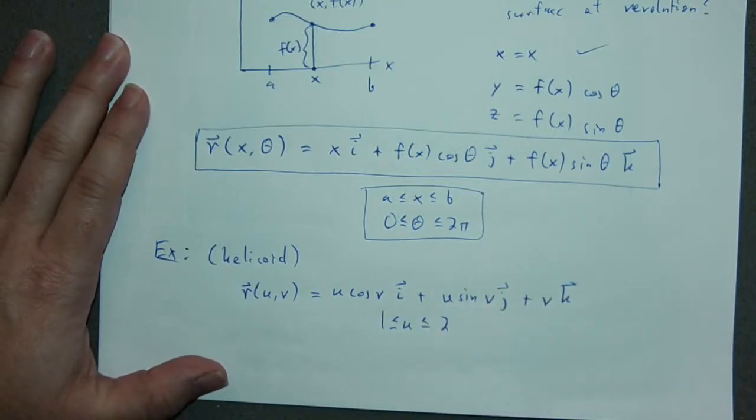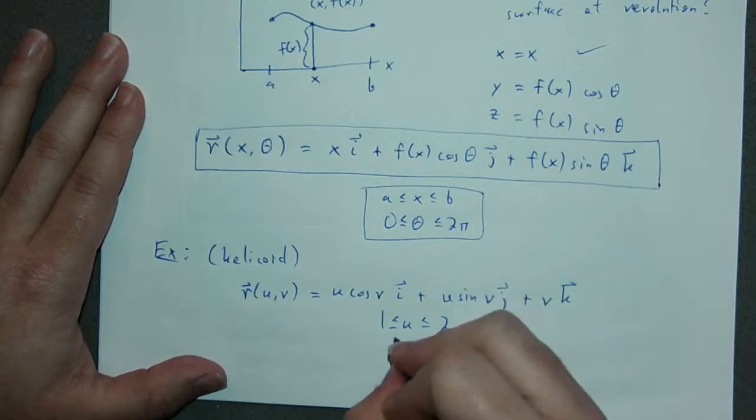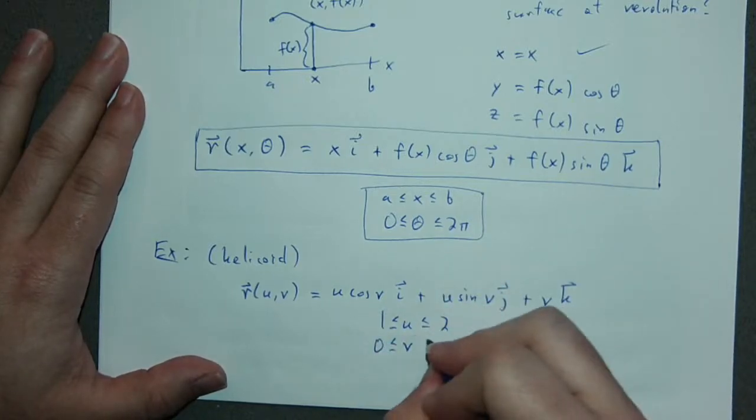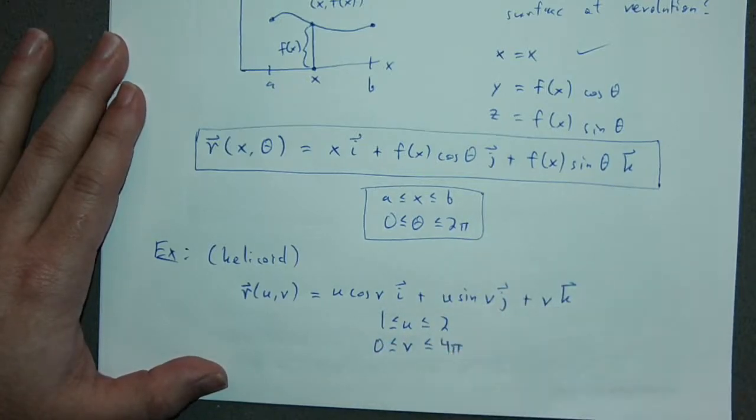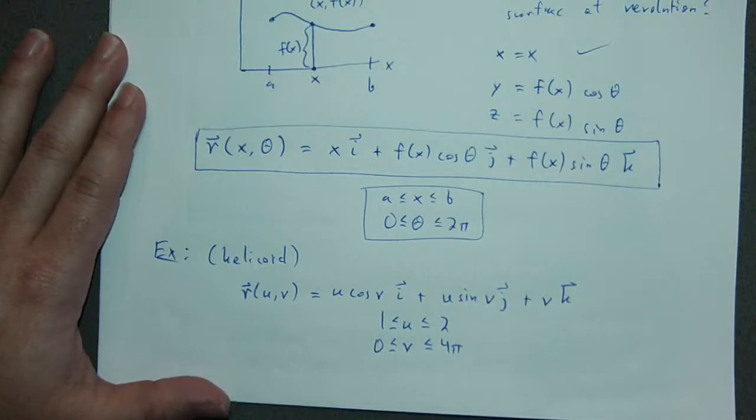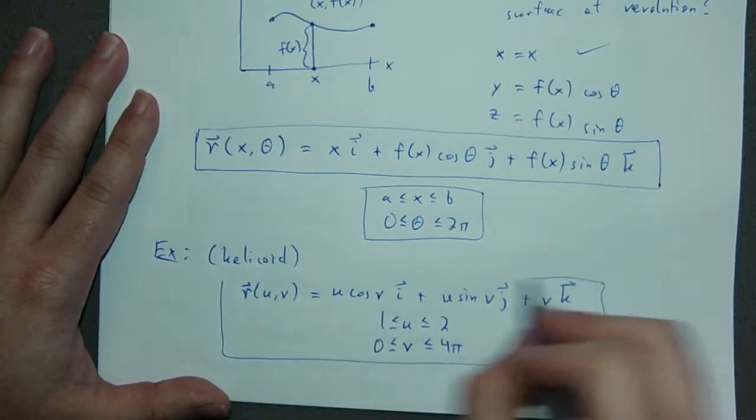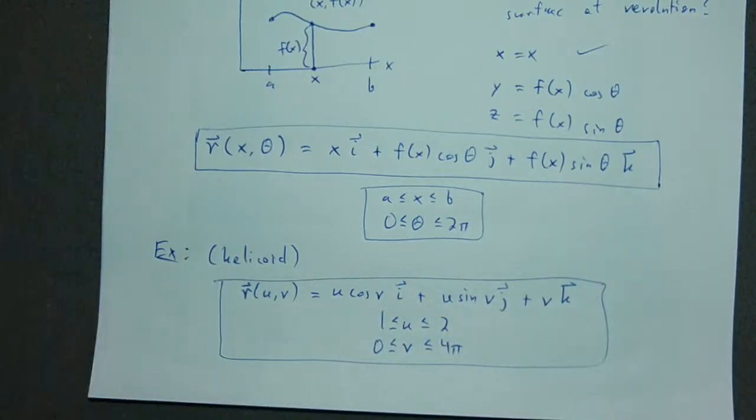I'm going to make it between 1 and 2. And v is, if you want 2 rounds, from 0 to 4 pi, if you want to go around twice. So, as promised, that weird, crazy surface, the helicoid, can be parameterized in this simple way.